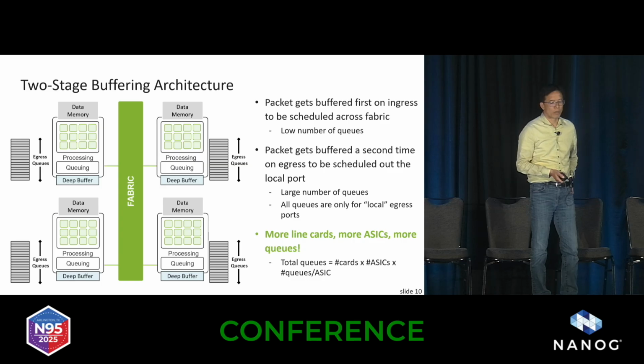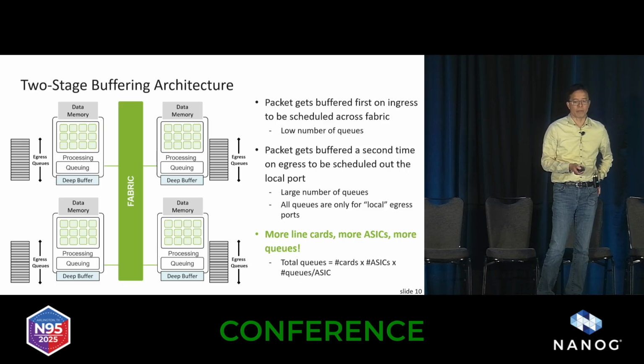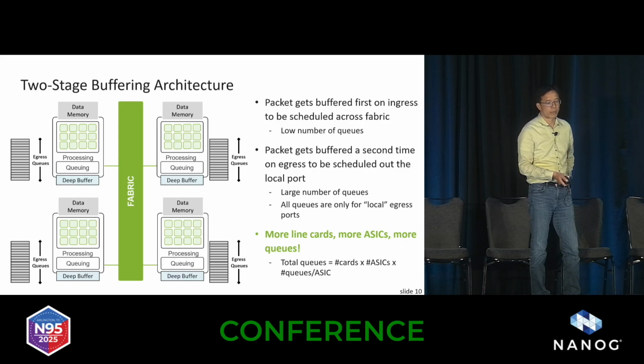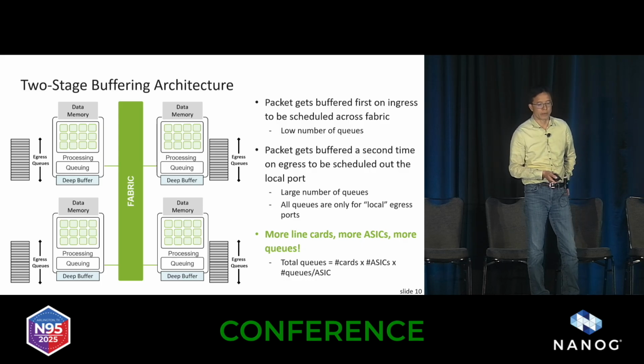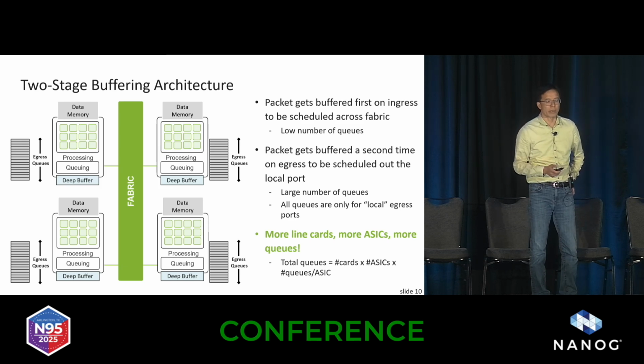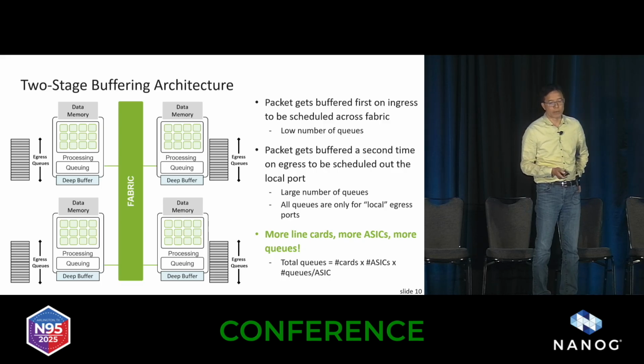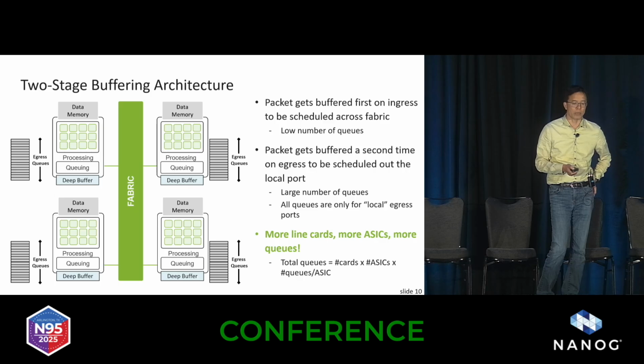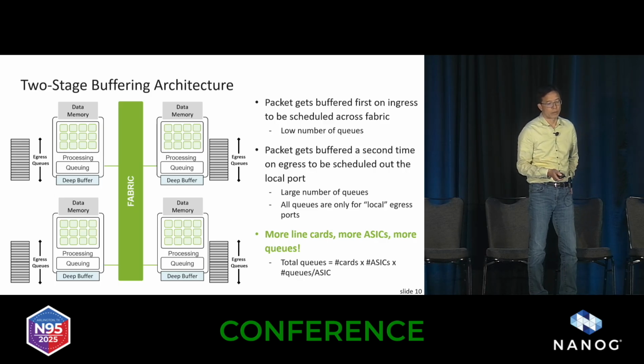So let's take a quick look at the two-stage buffering architecture. Basically, the packet gets buffered first on ingress to be scheduled across the fabric. The green bar in the middle is the fabric. And usually it requires a lower number of queues because it only needs to know which destination PFE to send to. And packets get buffered a second time on the egress port to be scheduled out on the local port.